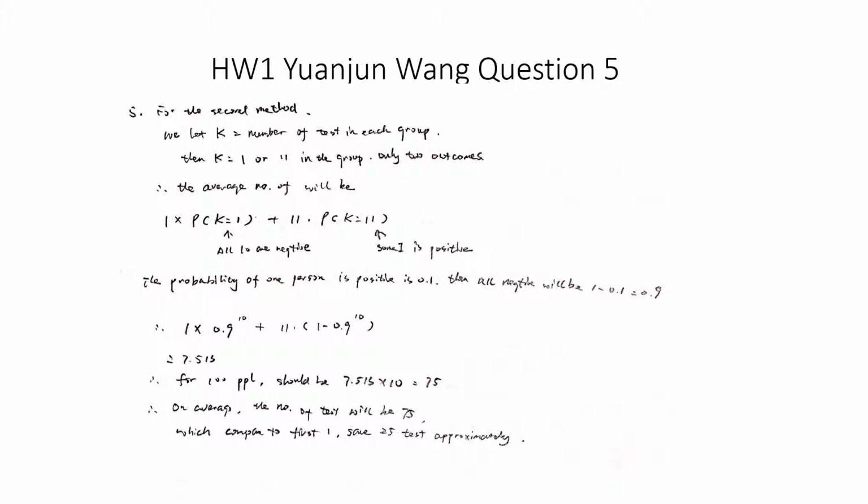So in our case, the number of blood tests, which is k here, is equal to 1 or 11. There are only two outcomes in our case.